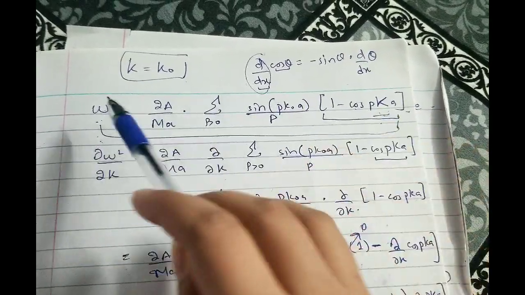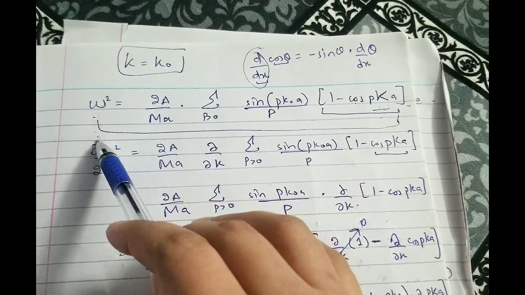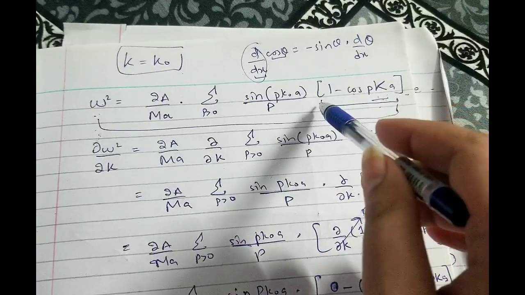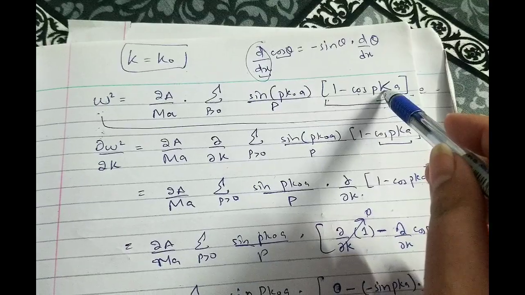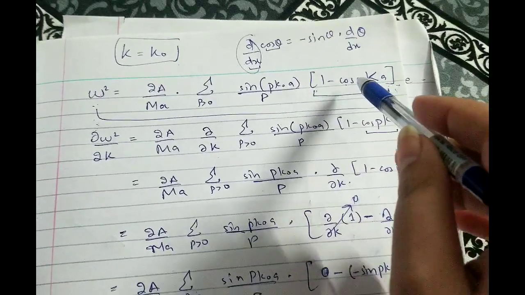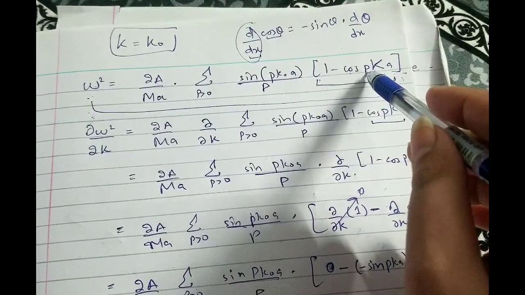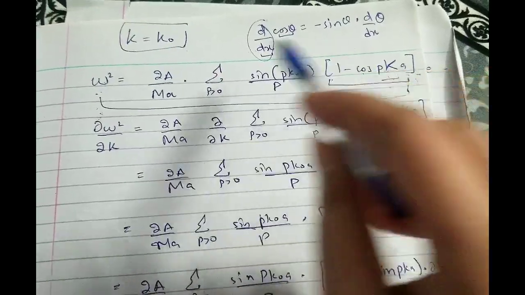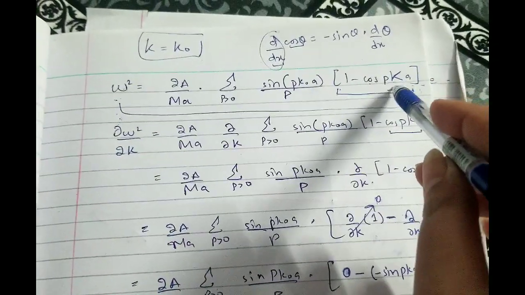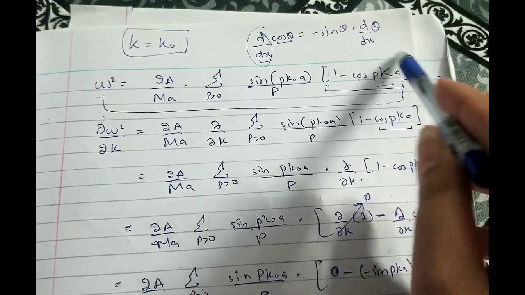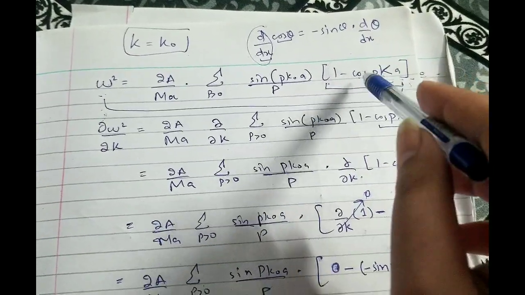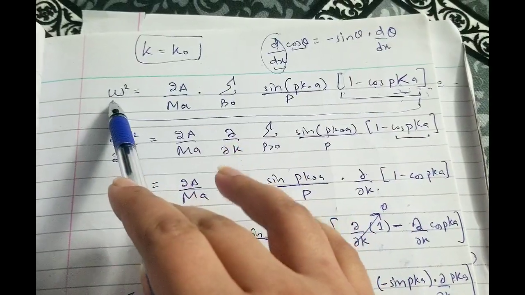This will determine the value of omega square. Its maximum and minimum values would be decided based on this expression, because k is the main variable that we are actually drawing on the plot. Omega square and k are the main functions, and k only appears in this expression. So this is the determining function that determines the maximum and minimum value of omega square.